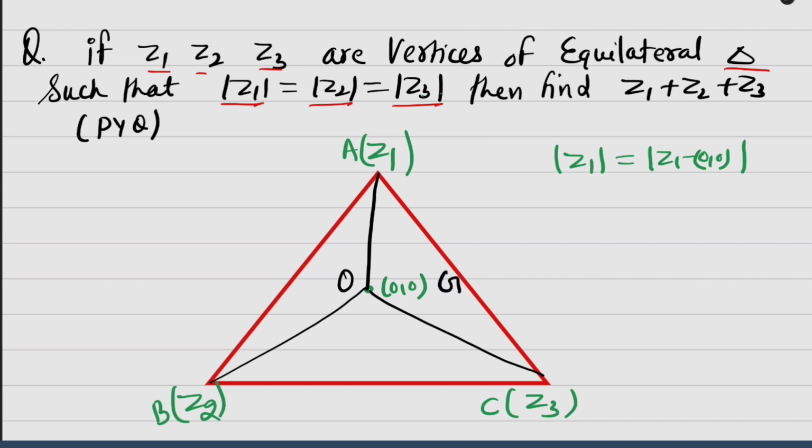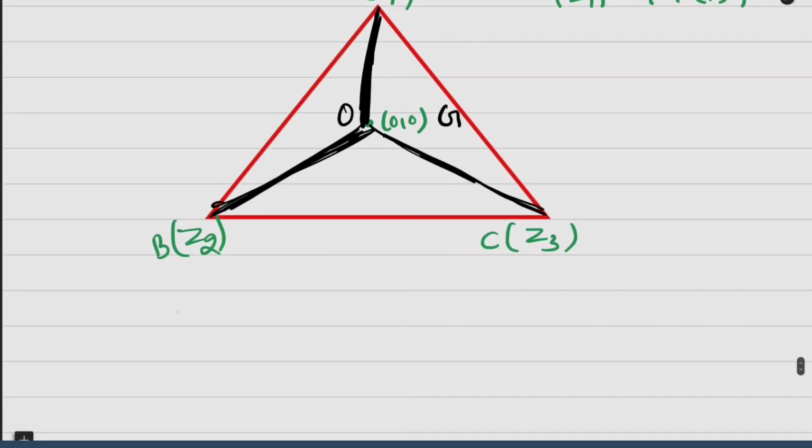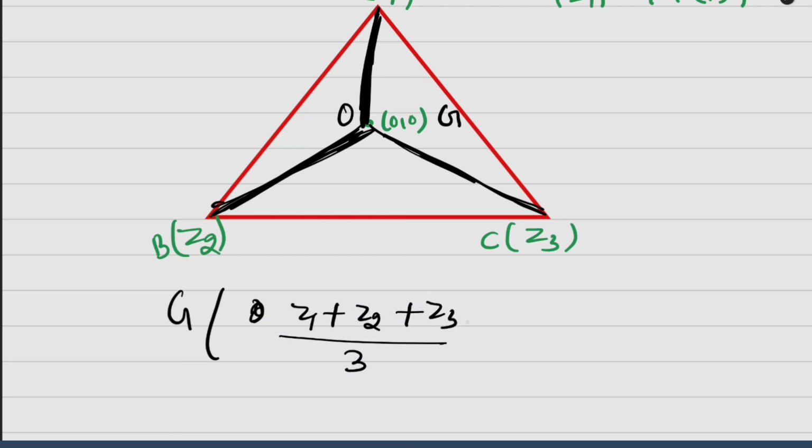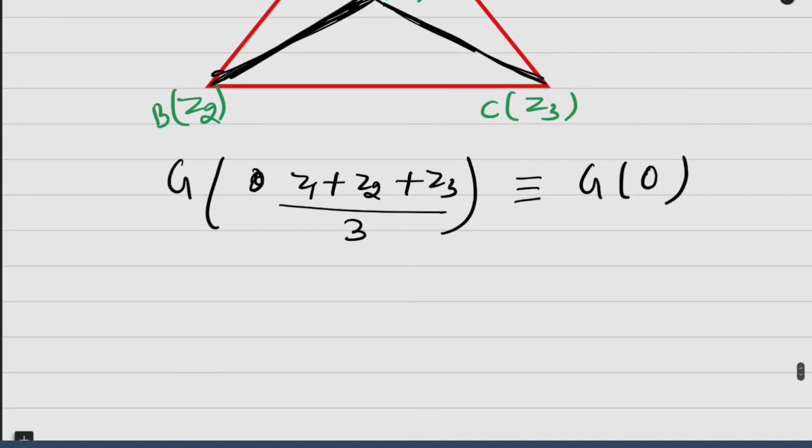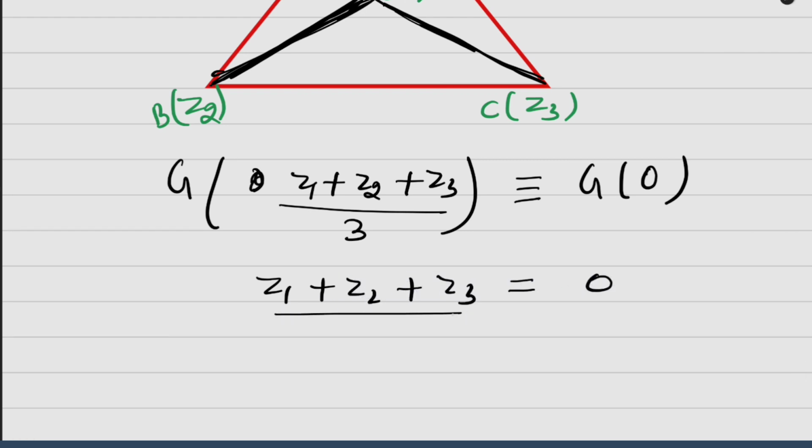This is nothing but the centroid, because AO, OB and OC are the same. G is the centroid of the triangle, so G can be written as (z1 plus z2 plus z3) upon 3, and the centroid is here the origin, so 0. So you can prove that z1 plus z2 plus z3 is 0.